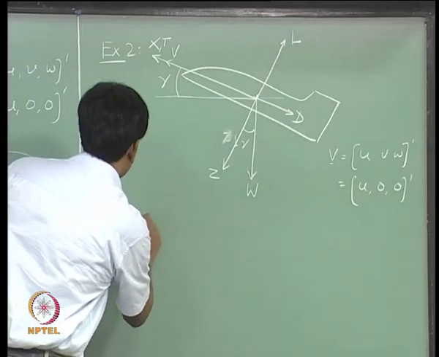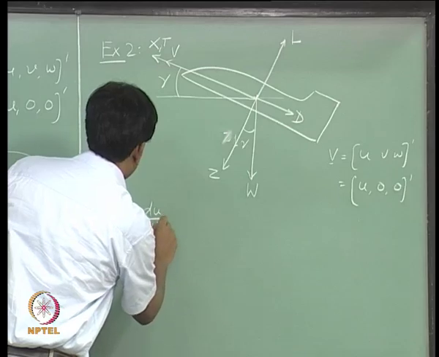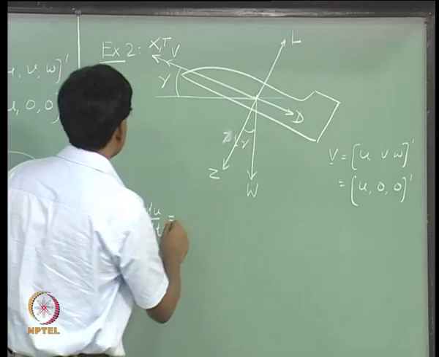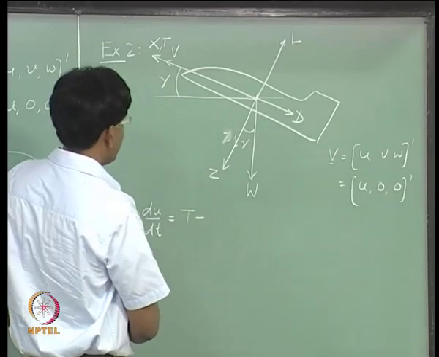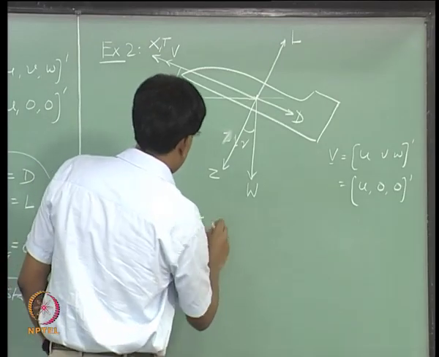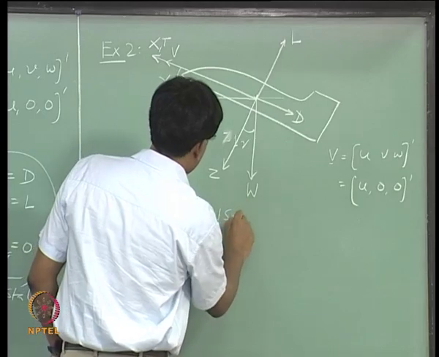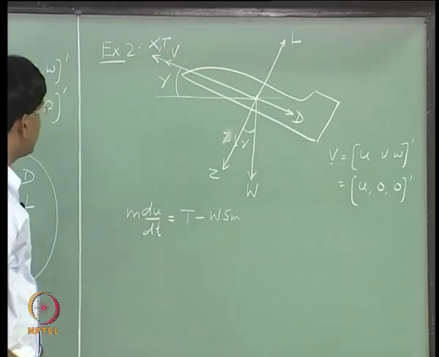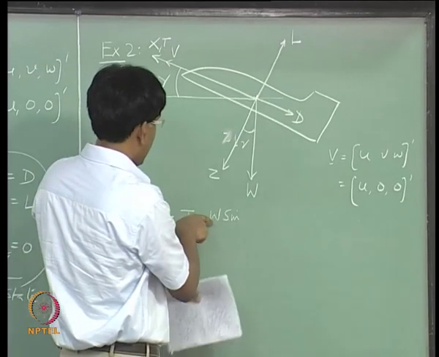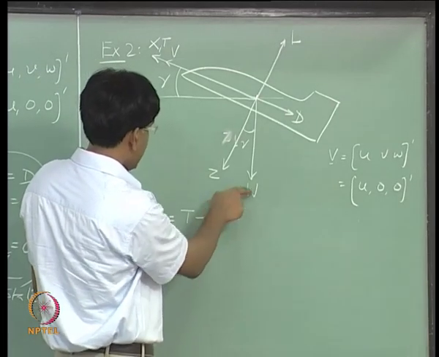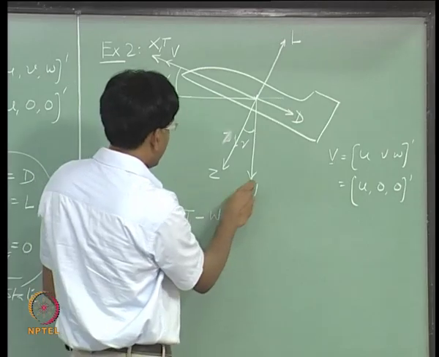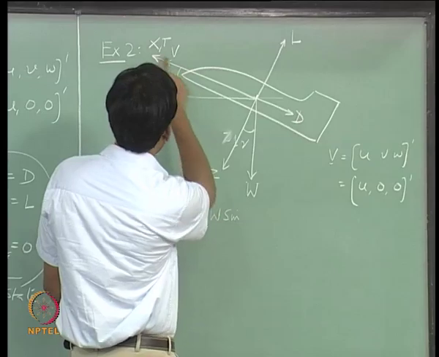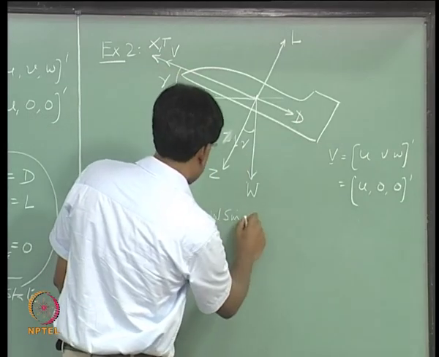So, you can write the equation of motion along the x axis. Thrust, which is taking it in the forward direction, and there are forces opposing this motion, and they are a component of weight along the x axis, and drag, which is opposite to this x axis.